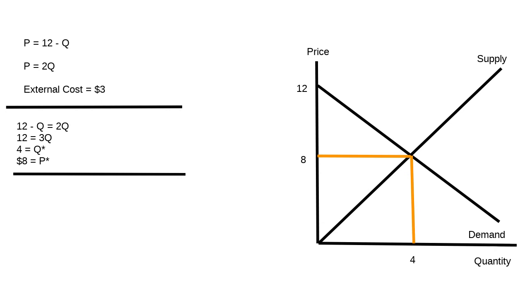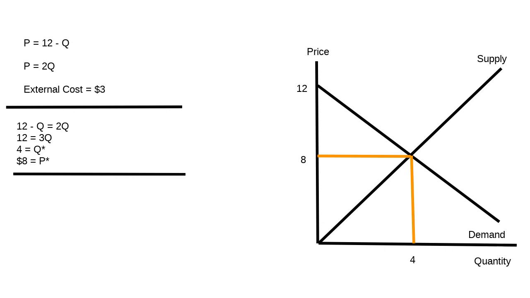So 4 gallons of gasoline are being consumed, but that comes with a $3 external cost, right?